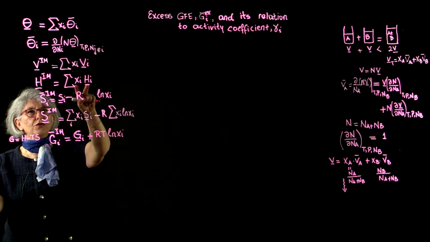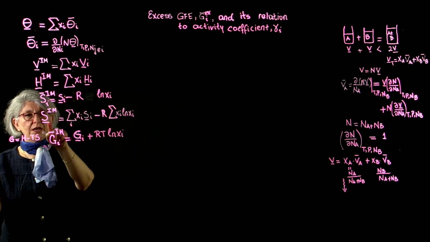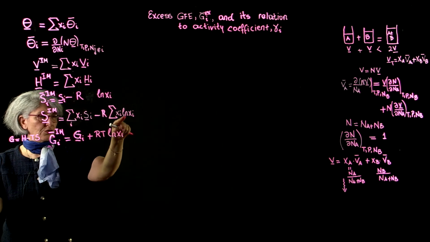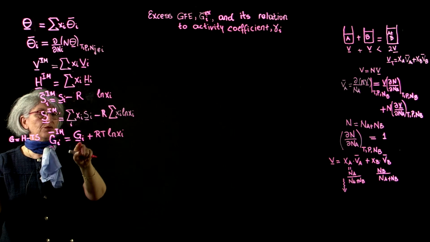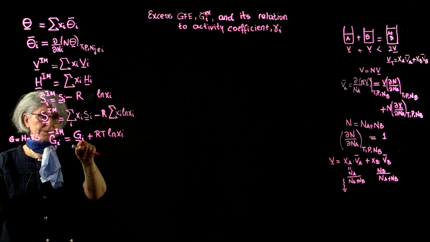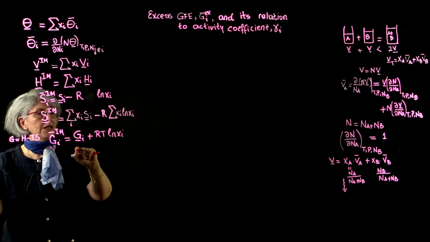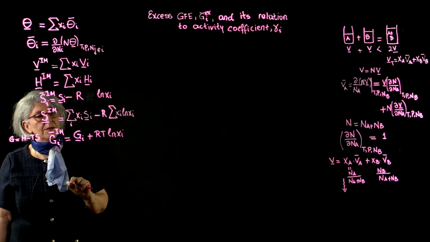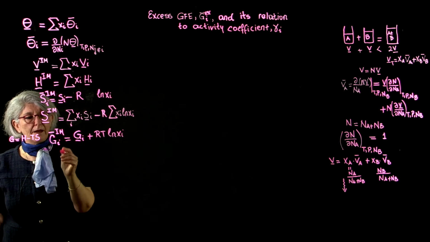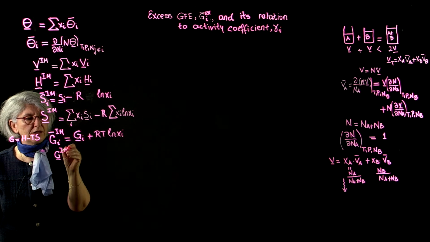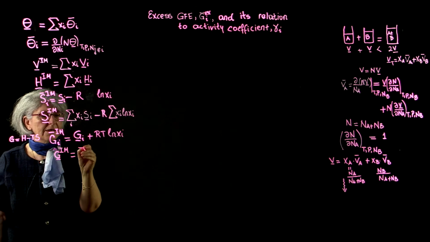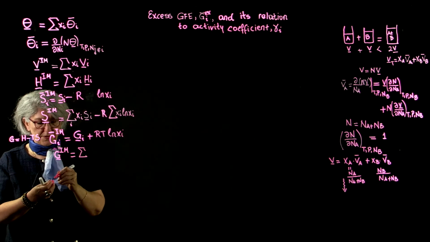We have no contribution from enthalpy for an ideal mixture, but the entropy contribution comes through this equation. So the ideal mixture Gibbs free energy is equal to the pure component Gibbs free energy and the contribution that is coming from the entropy. For the total Gibbs free energy of this ideal mixture, we're going to have summation over all species.